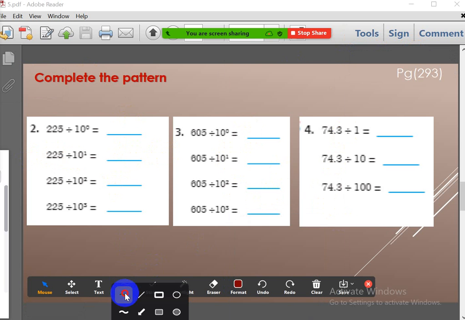So I will solve number 4 now for you to remember together how we will divide the decimal on tens number or decimal or patterns, tens patterns.